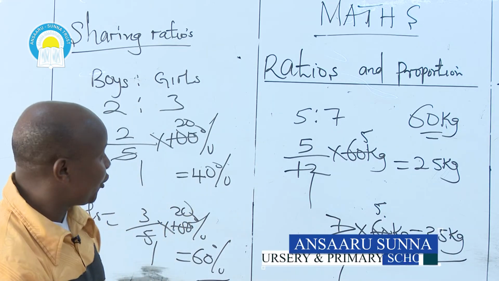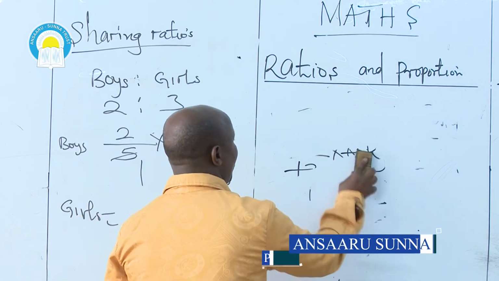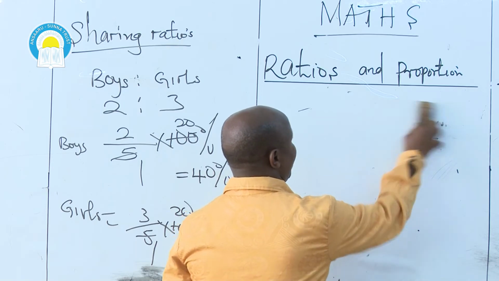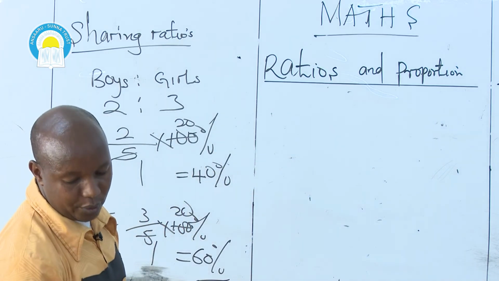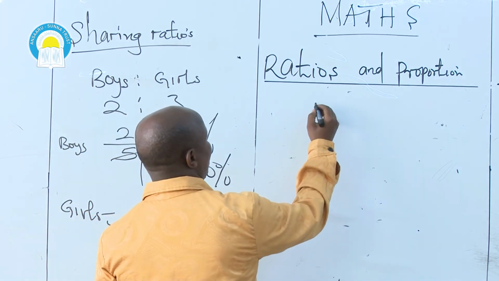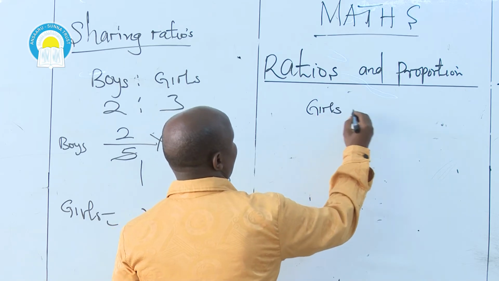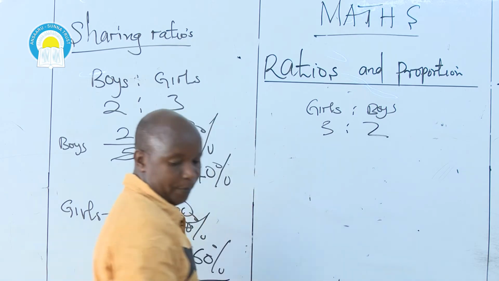The ratio of girls to boys again. I'm starting with the girls this time. The other one started with the boys. So the ratio of girls to boys is 3:2.